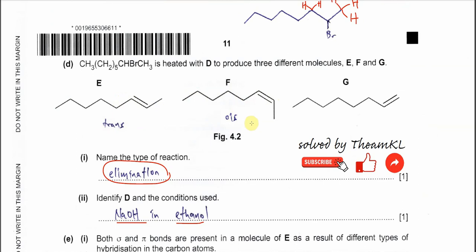Because this one is unbranched, and the stereoisomerism means it's cis and trans isomerism, it is because of the CC double bond, right? So we need to use the CC double bond to explain this now.